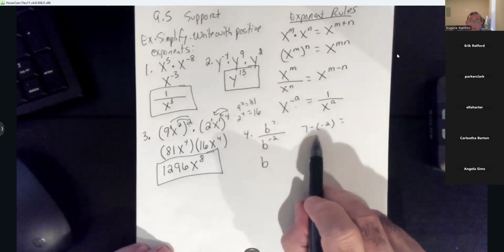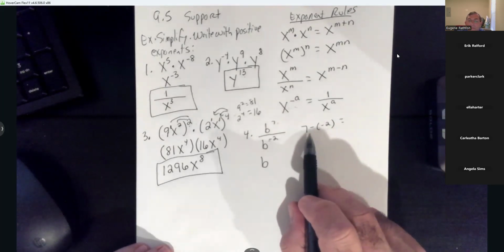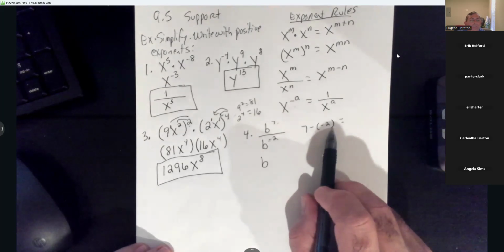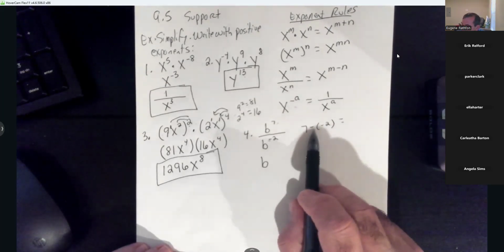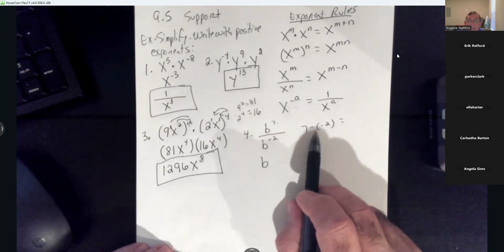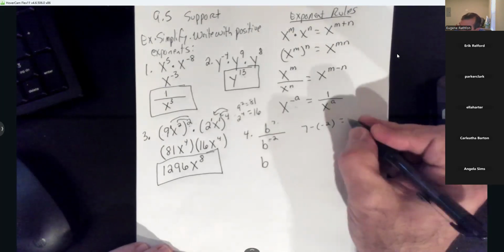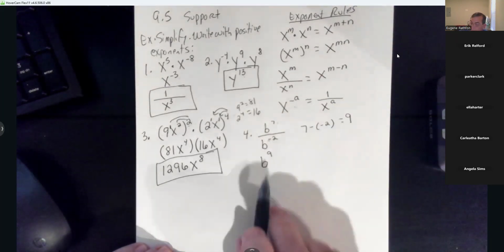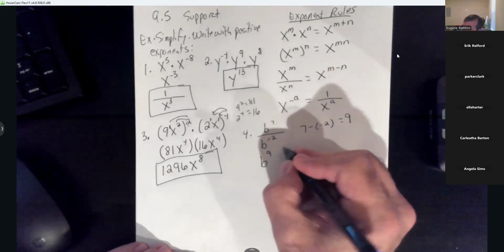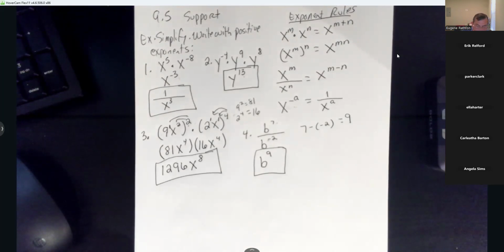So that's what you got with the exponent. You got the top exponent minus the bottom. So 7 minus negative 2. 9. Good job, because remember, if you subtract a negative, it becomes a positive, and that'd be like 7 plus 2, which is 9. So, y'all, that's just a B to the 9th. That exponent's positive, so that would be our final answer.